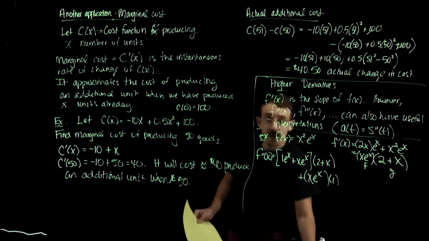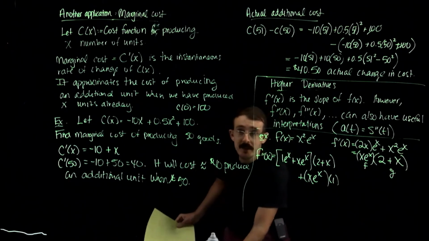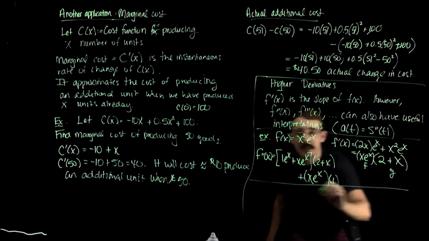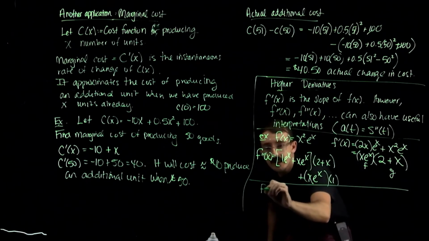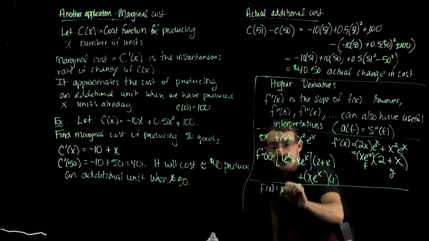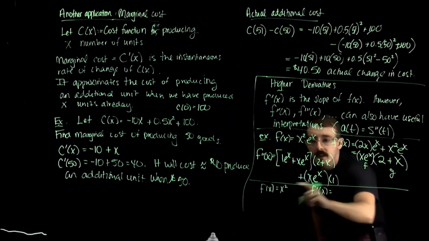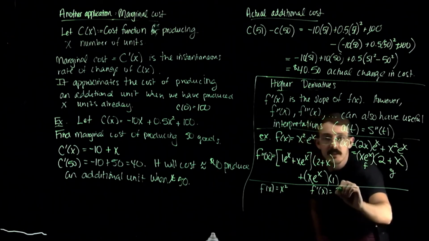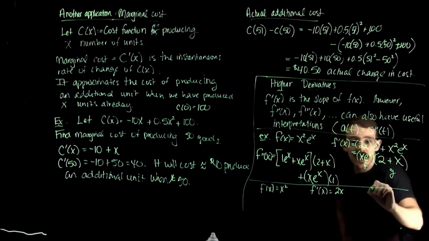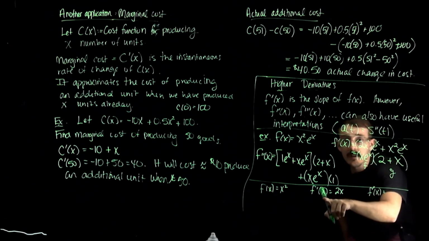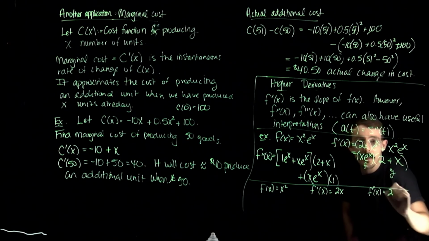Last thing I kind of want to show you, I'll put it down here because I have a bit of space. Let's look at a much simpler example. Let's say f of x is x squared. Let's say f prime of x, what is the derivative of this? It's just 2x. And then last, what's my derivative of 2x? It's just 2.